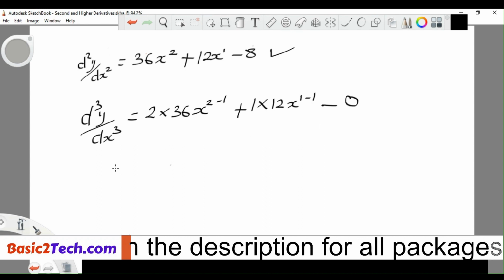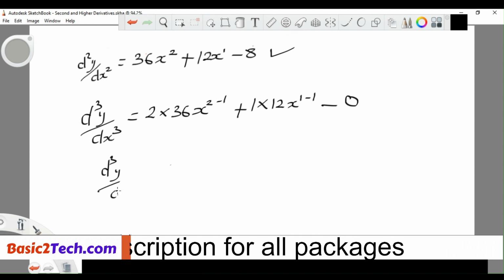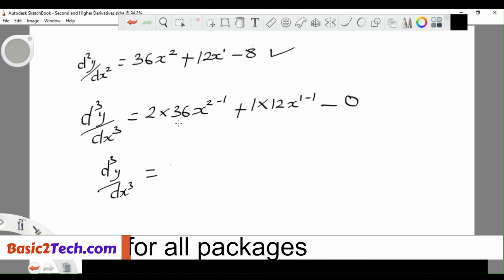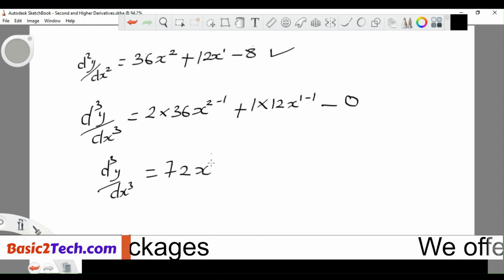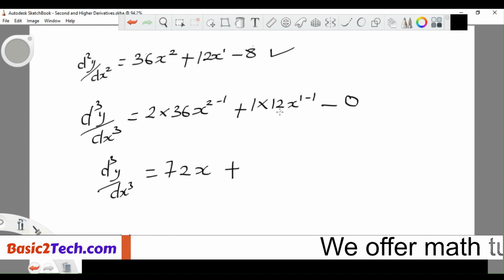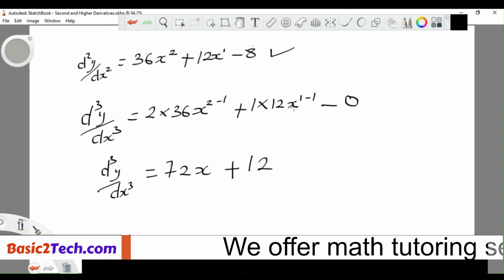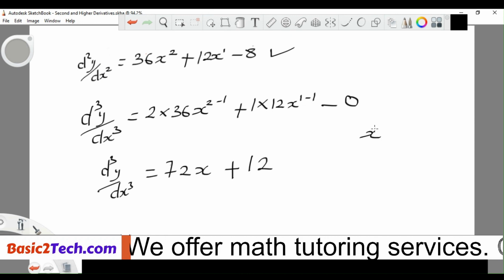So differentiating the third time gives us 2 times 36, which is 72x, 2 minus 1 is 1, plus 1 times 12 is 12, x to the power 1 minus 1 is 0.